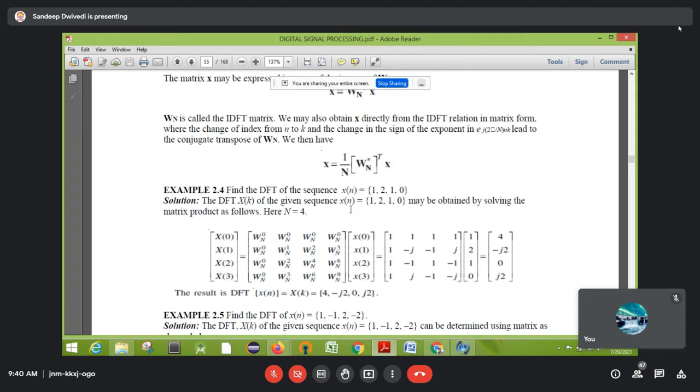Okay, and then this raised to power W is nothing but e raised to power minus j 2 pi by 4, raised to the power of W. You have to do a simple calculation, and in terms of cos and sin you can write that in the calculator. Okay, but the first value is very clear.